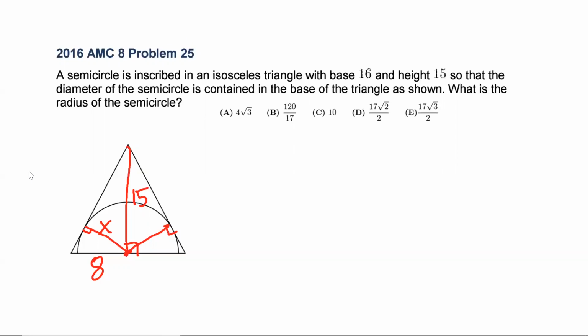Okay, so we know that this triangle I'm coloring in yellow, and this triangle I am coloring in green are similar because they both share this angle and a right angle. So that means that we can potentially set up a ratio of side lengths and solve an equation.